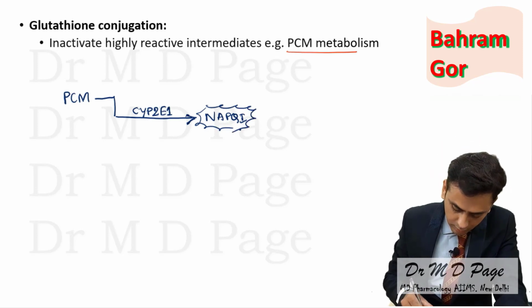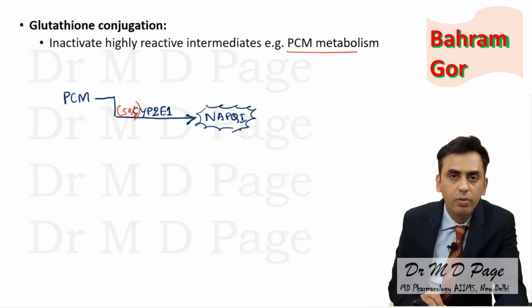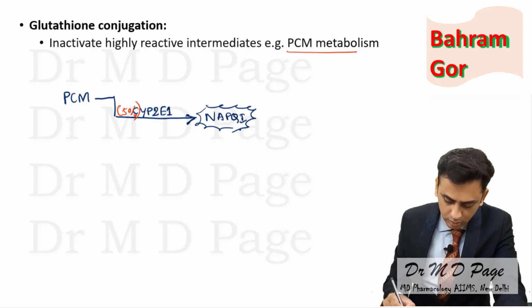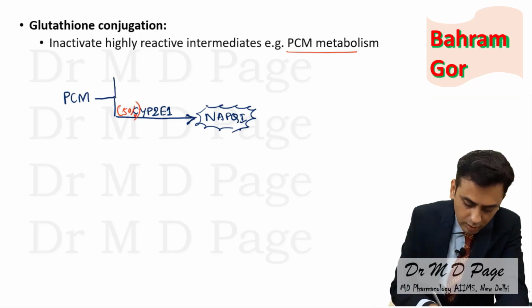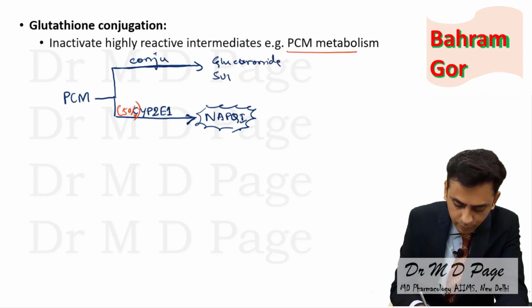But this is only 5%. Only 5% is getting metabolized through CYP2E1. The remaining 95% of the paracetamol is metabolized by conjugation reactions. Which conjugation? Glucuronide conjugation or sulfation.